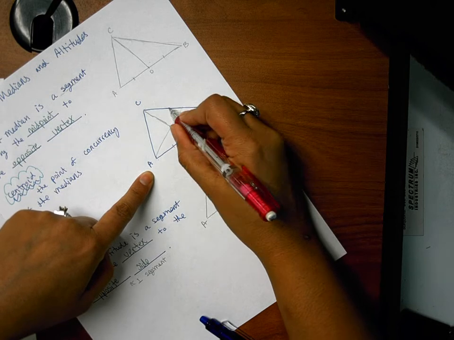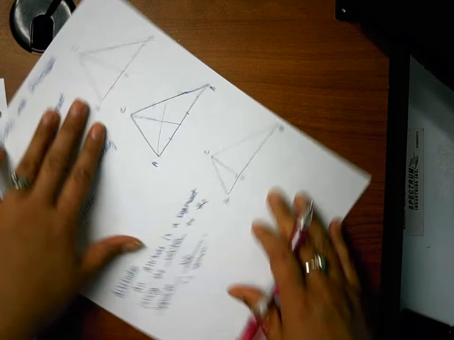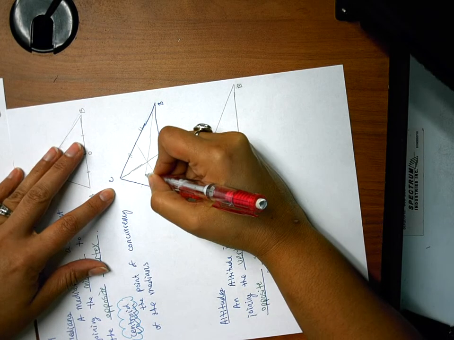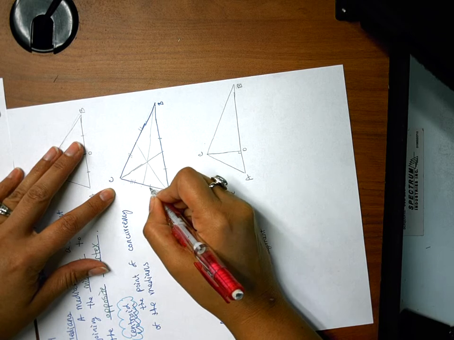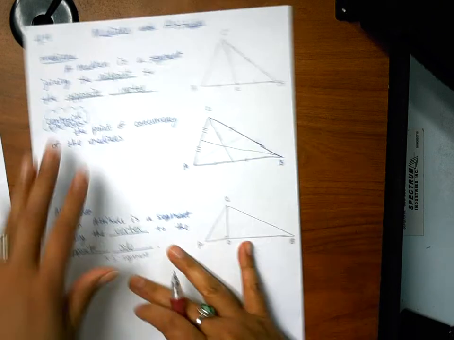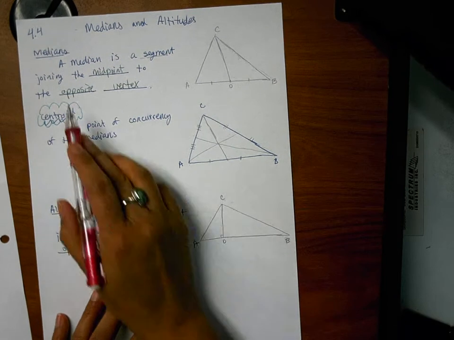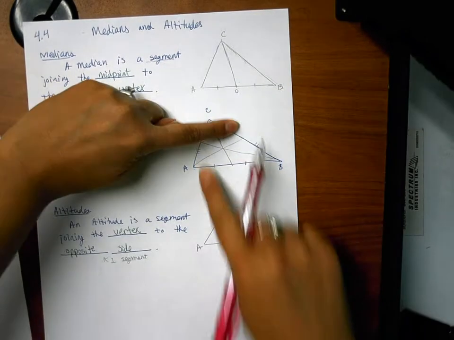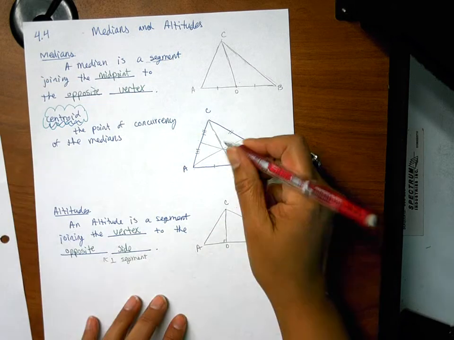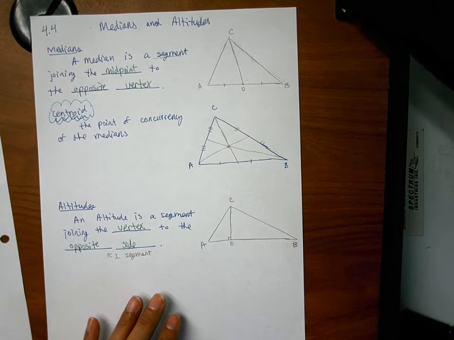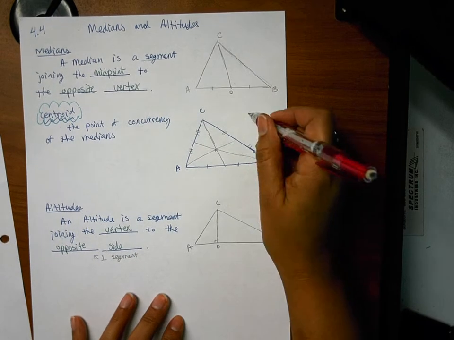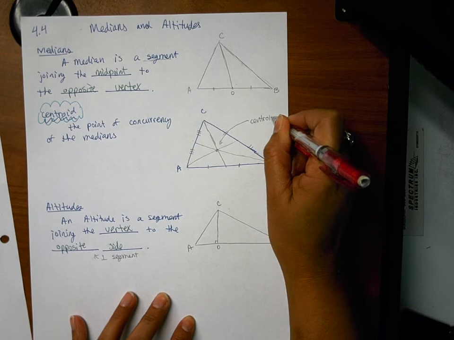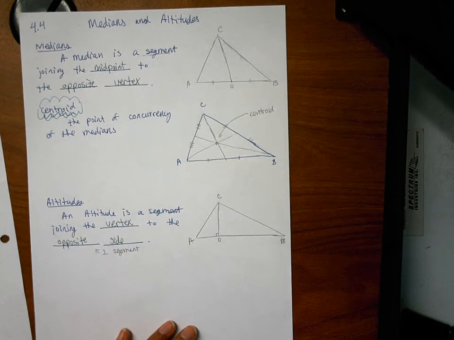Middle of CB and connect to the opposite vertex A, congruent, congruent, and the middle of AC and connect to angle B, congruent, congruent. All right, if you were to find the median of all sides, the median here, the median there, and the median here, they would always intersect at one point, the point of concurrency. So that point of concurrency there is called the centroid.